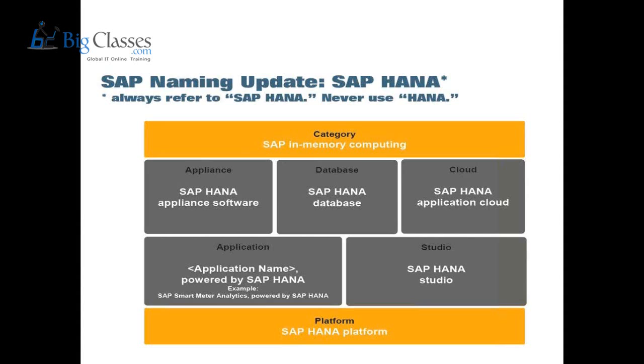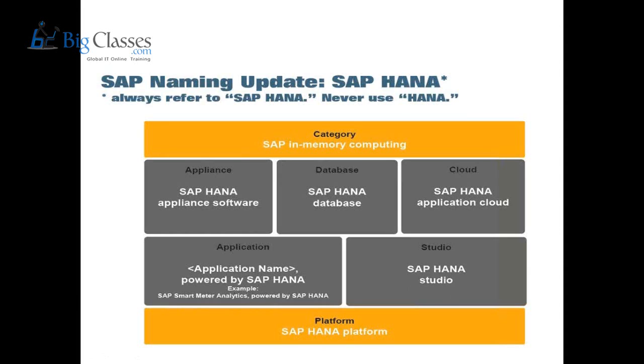We call it powered by Android. Similarly, we call that powered by SAP HANA. So it is like application name powered by SAP HANA. For example, if it is Colgate, we call it Colgate powered by HANA, right? SAP Smart Meter Analytics is powered by HANA, and the front-end reporting tool is SAP HANA Studio.